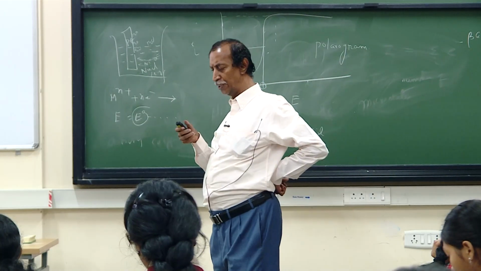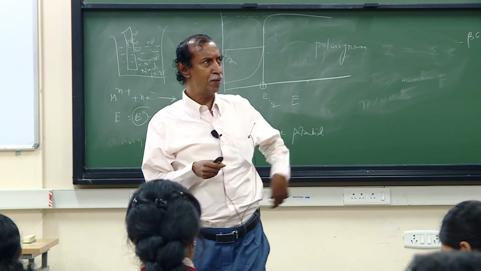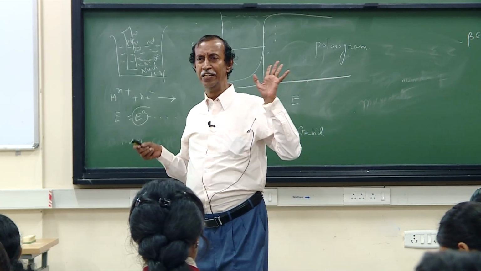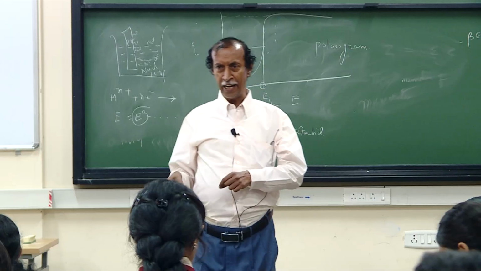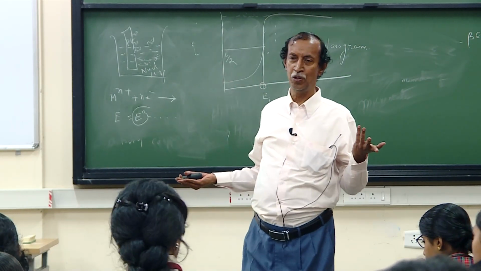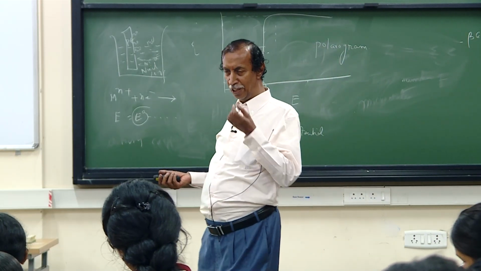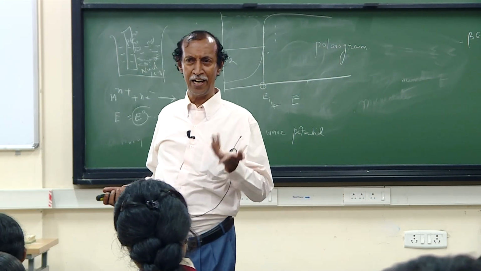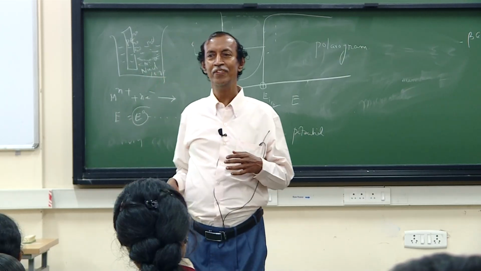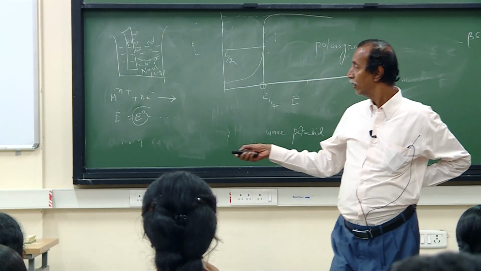That's why I keep telling students, whenever you find a new material, all you have to do is come to our PGP lab or MSc lab, simply make it an anode, take one cathode, measure the potential and current, and you will get everything you want. All the molecular properties you want, you will get by a measurement costing maybe 100 rupees. That's all. So that's the power of electrochemistry. People should know that. Okay.